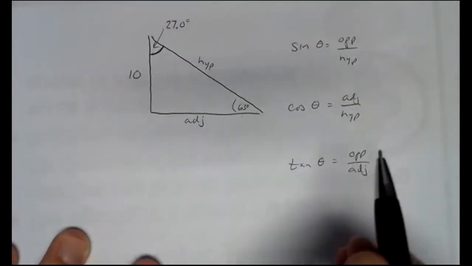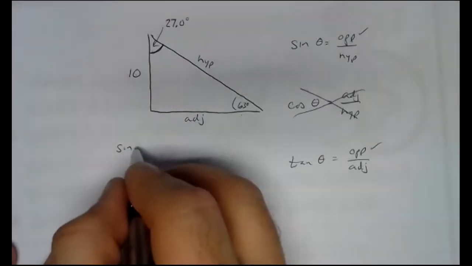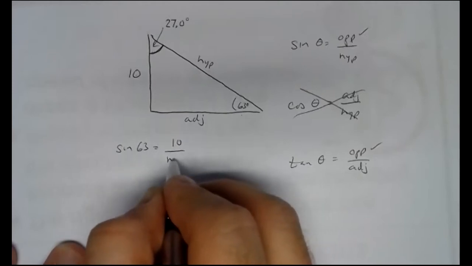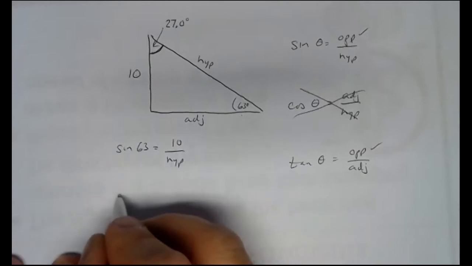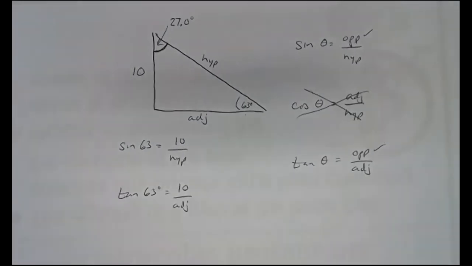I've got the opposite side, so I know the opposite side. I don't know the hypotenuse or the adjacent. That means I can't really use cosine. So I can take the sine of 63, and that'll be 10 over the hypotenuse. And then I've got the tangent of 63 is 10 over the adjacent. And then it's just a simple algebra problem from that point, cross multiply and solve.